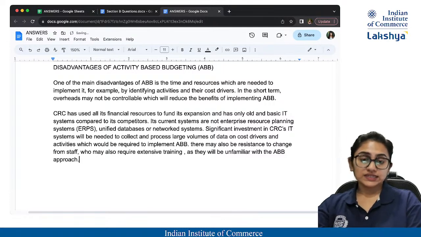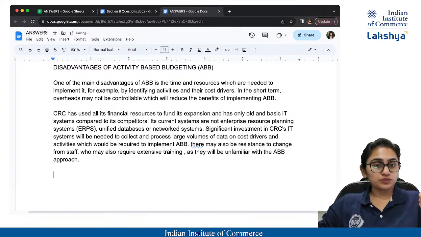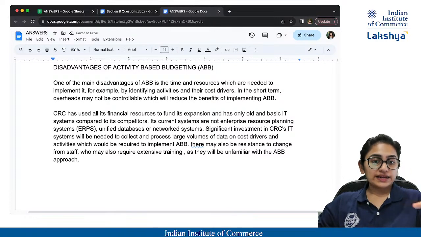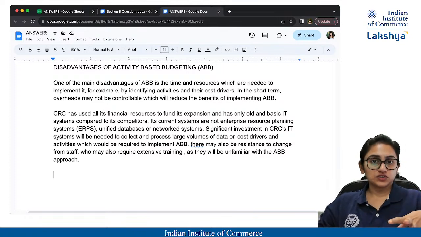Now previously I said that this is an independent question, but that doesn't mean that I will not relate it to my question. Like I related it that there might be extensive training for the staff as they will be unfamiliar with the approach. This is called relating to the question. Although this is an independent part, you should be able to relate it to your question.